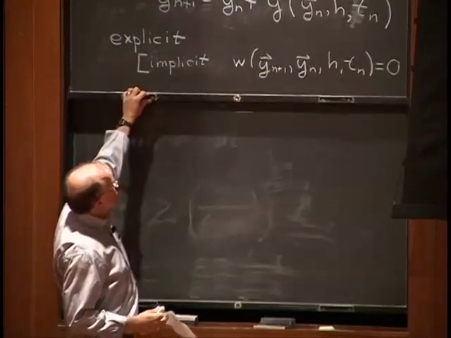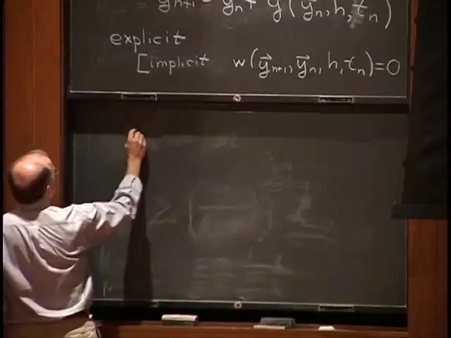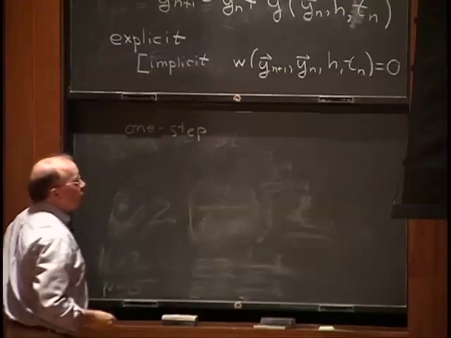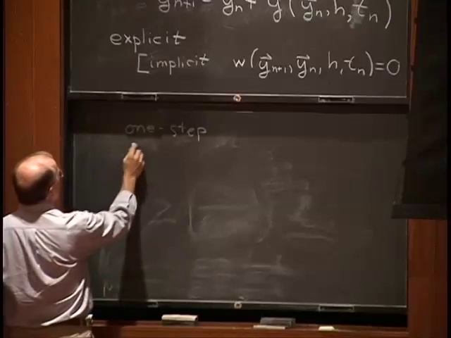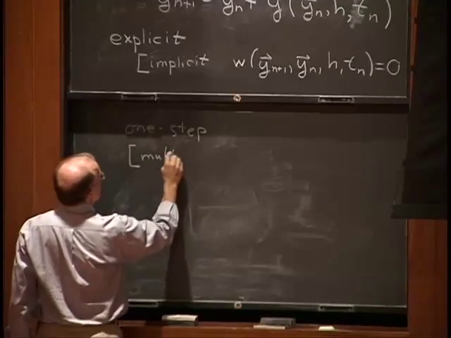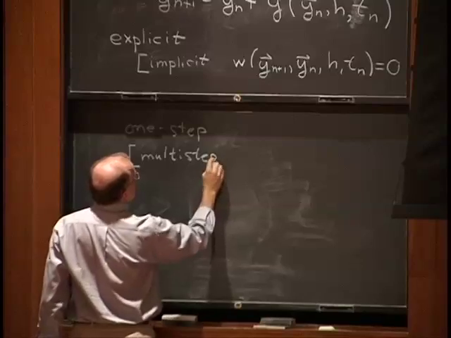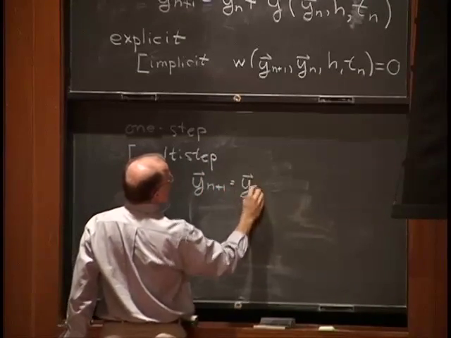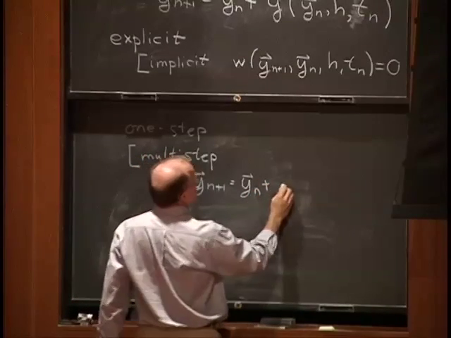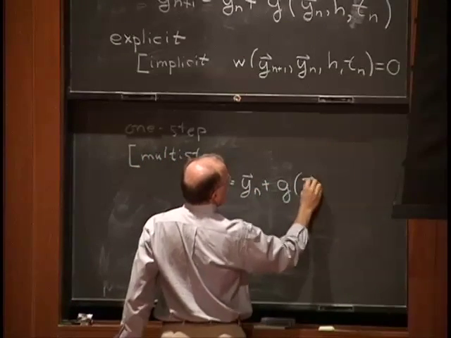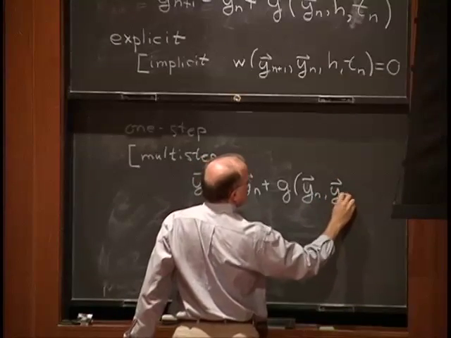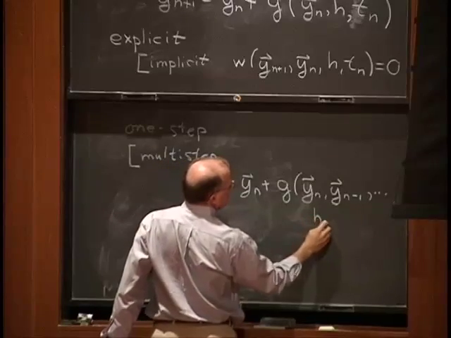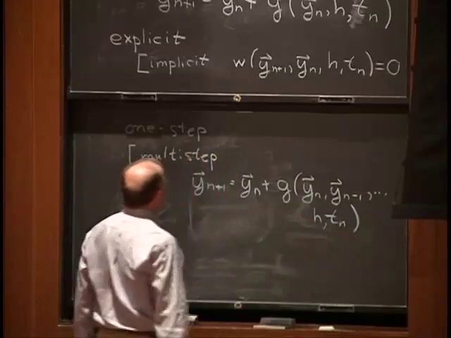This is also a restriction to one-step methods. Again, a more general form would be a multi-step method, which would say that y n plus 1 is y n plus some function of y n, y n minus 1, and so forth, and the time step and the time.